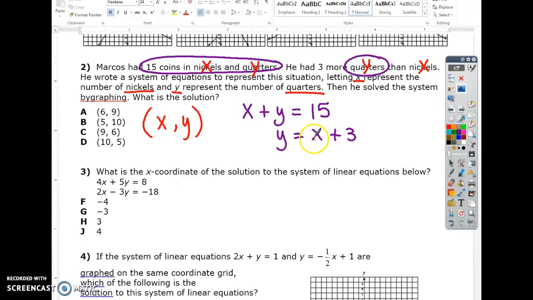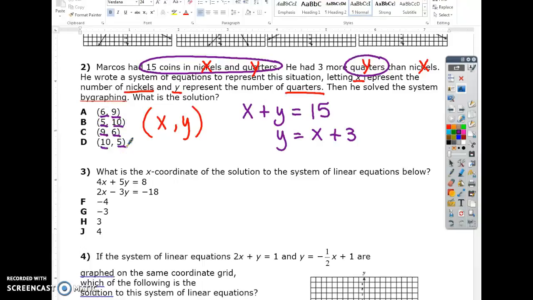That's the equation. If you take the nickels and you add 3 to it, that will give you y, which is the quarters.